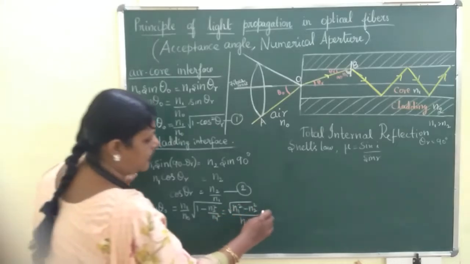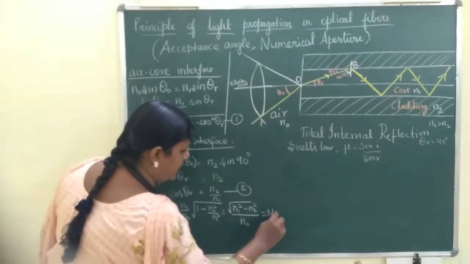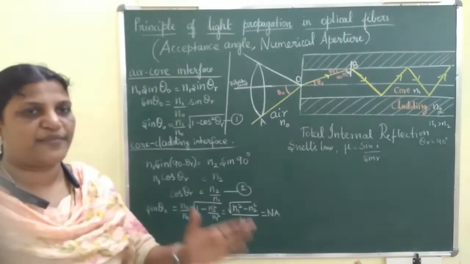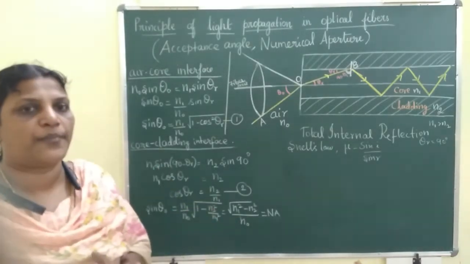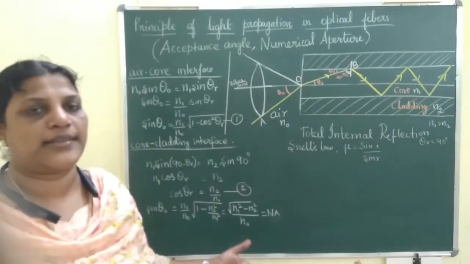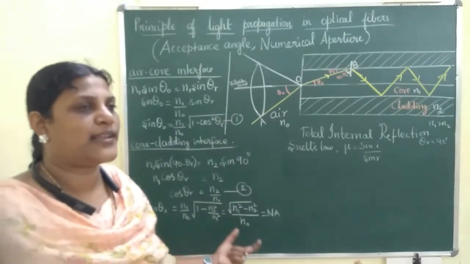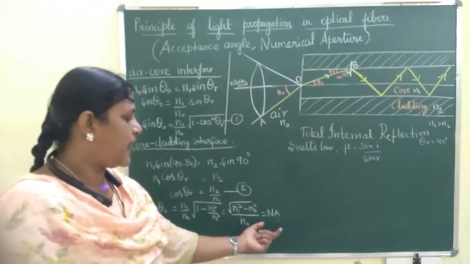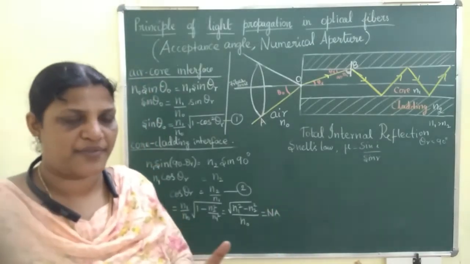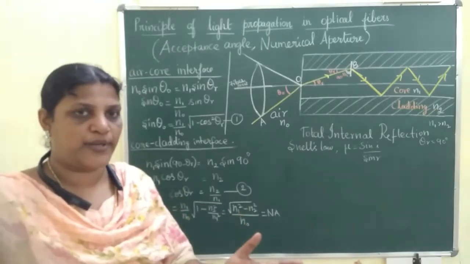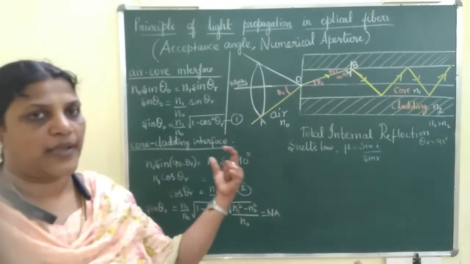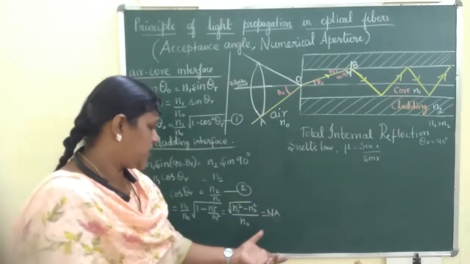What is this value called? It is called the numerical aperture. The numerical aperture is just a factor that tells the efficiency of the fiber. It is called the light collecting or gathering capacity of the optical fiber, and it is a measure of the fiber's efficiency, that is, how efficiently the fiber collects the input given to it.